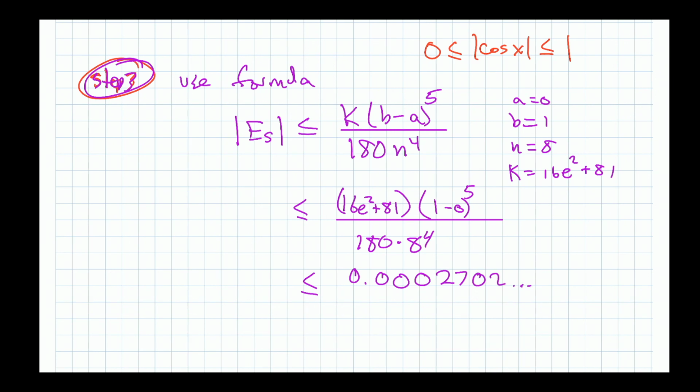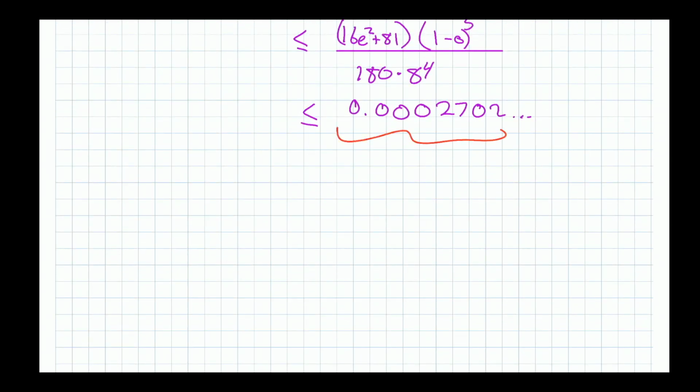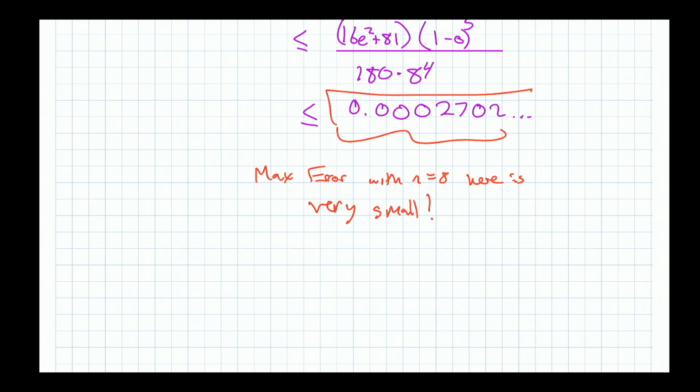So that's a very small error, right? With n equals 8 here it is very small. But that's my answer. That's the upper bound for the error.